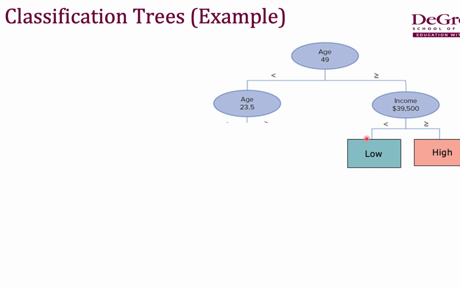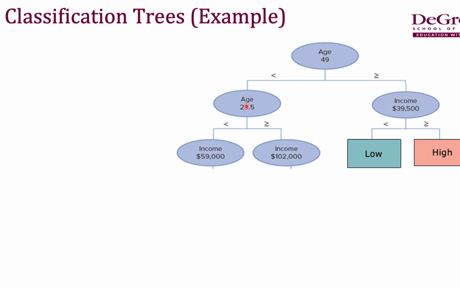And from the right-hand side region, we further use the income to split the region vertically. So below and above the threshold 39,500, we have two regions that are pure, so I can stop there for this branch, right? So below that income level for age greater than 49, sales is low. Above that level, it's high, right?